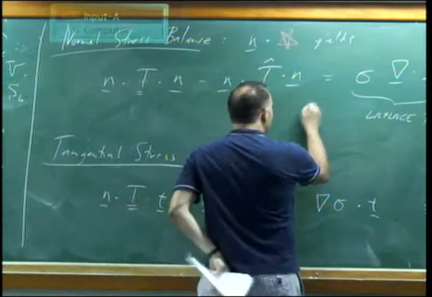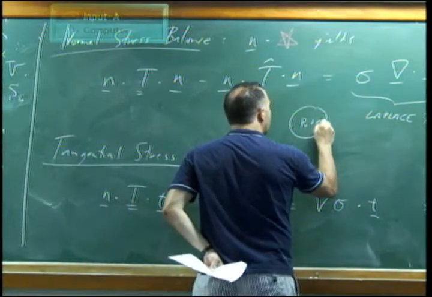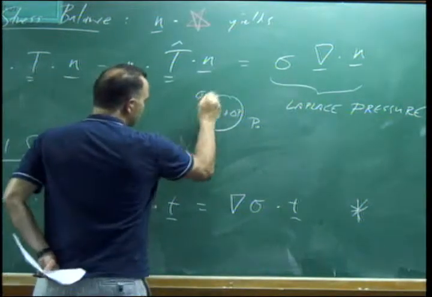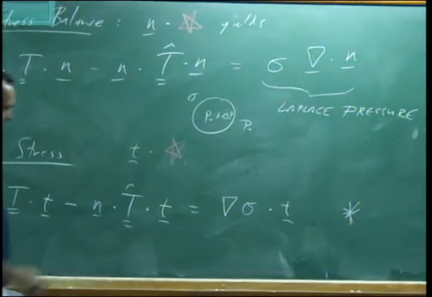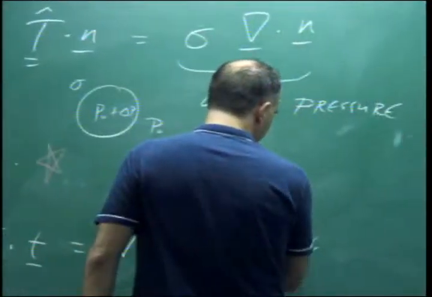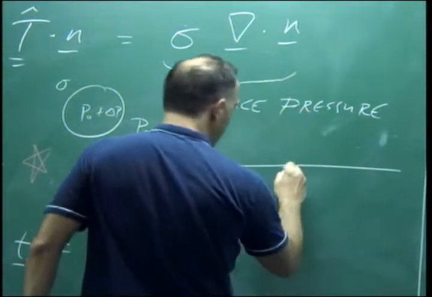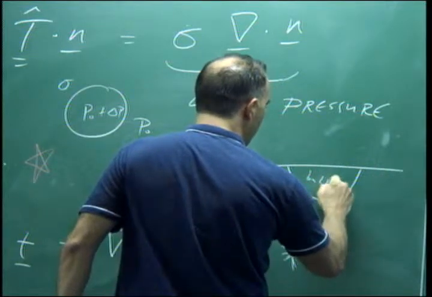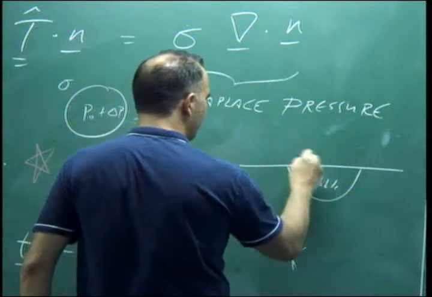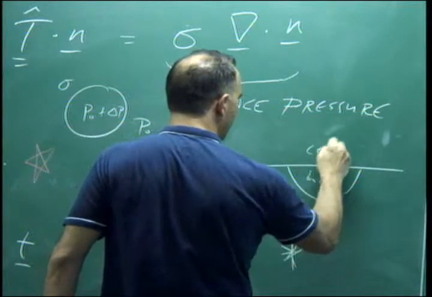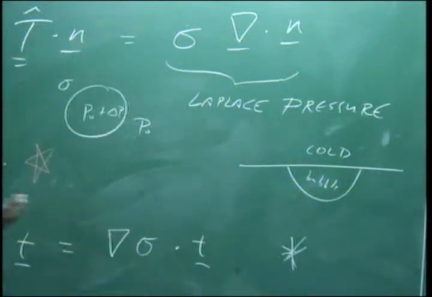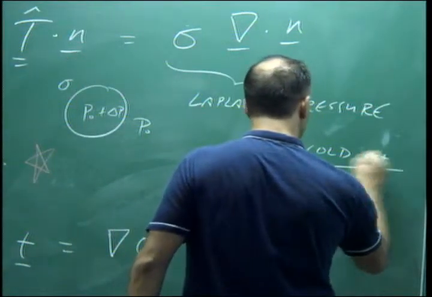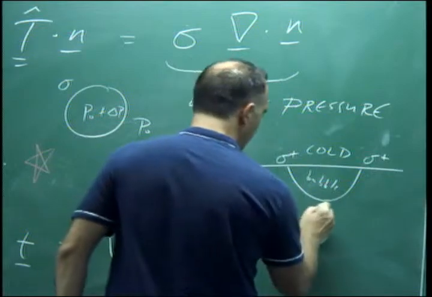Right here we have P naught, but it's static, right? If you have a bubble sitting in a fluid, and let's say it's cold here relative to here, say it's a bubble in your coffee, the surface tension is going to be higher here than here.